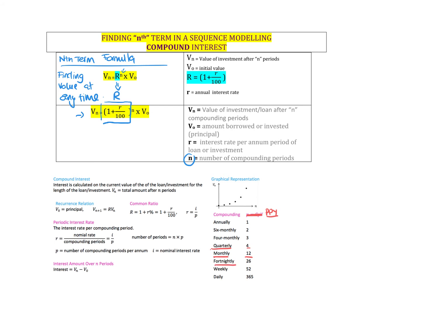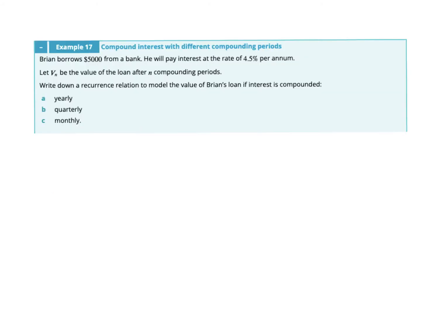And often fortnightly is another common one, because lots of people get paid fortnightly, so loans and investments are worked out fortnightly as well. So don't stress too much about this stuff. It's just a little bit of extra. We're mainly looking at this. So let's go do some examples. Okay, Brian borrows $5,000 from a bank.